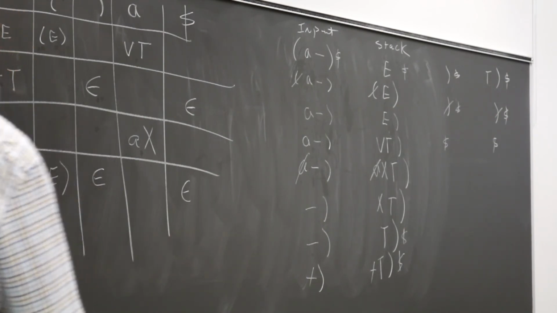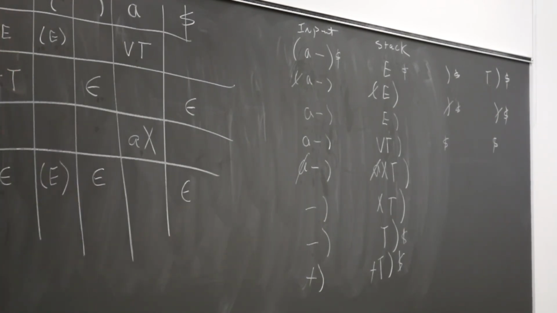All right? Then I looked at my production rules and I said in row E, I'm going to put in minus E on the first of minus E, which is a minus. So I wrote minus E under minus.